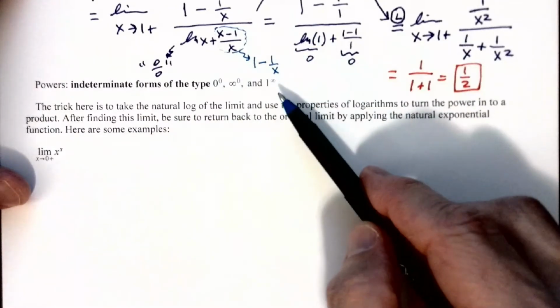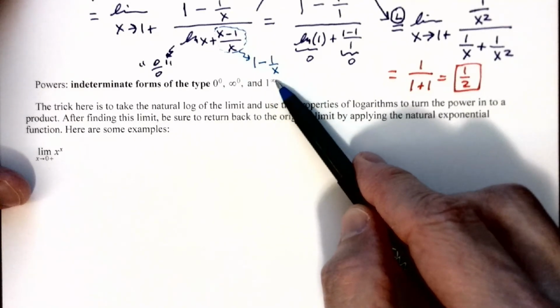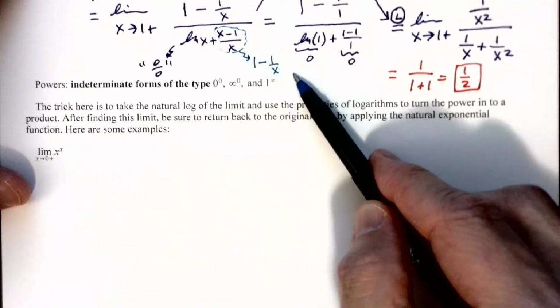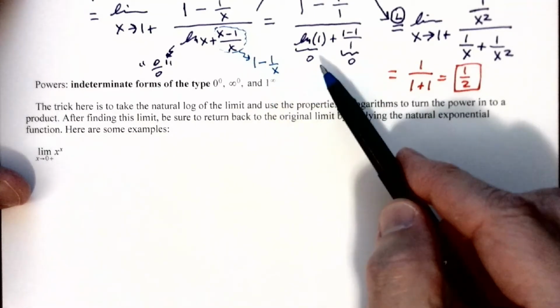Now, the exponent's approaching infinity. If this thing is approaching 1 from the positive side, in other words always greater than 1, then something bigger than 1 to a larger and larger power is going to infinity. So you've got the base trying to make this 1, the exponent trying to make it infinity.